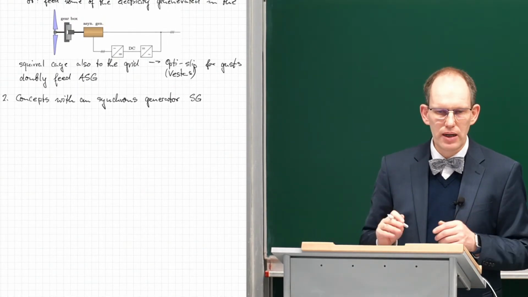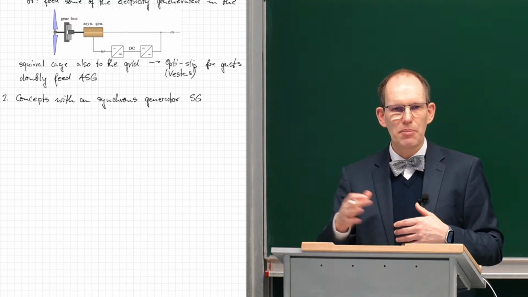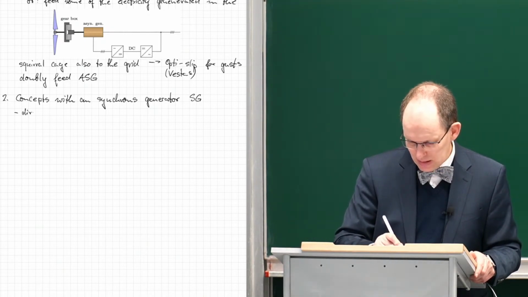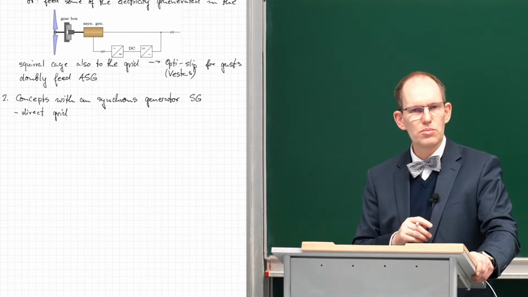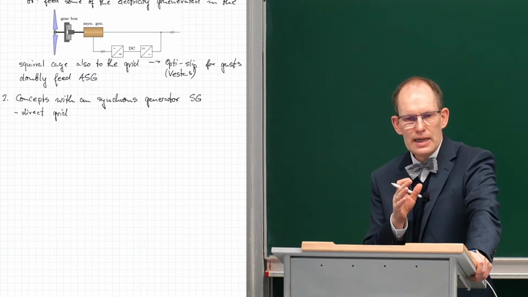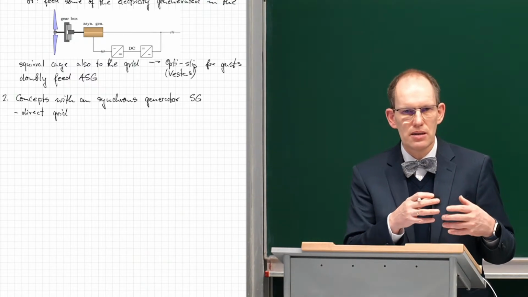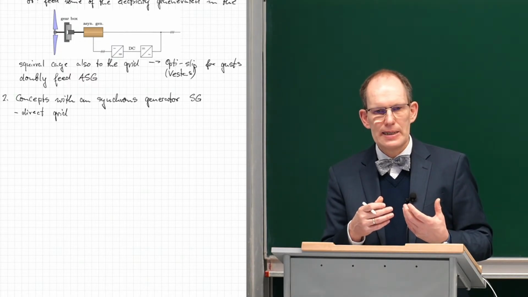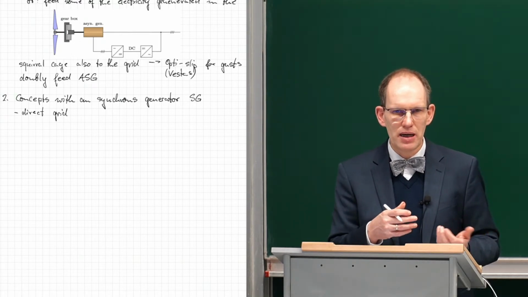Well, in principle you can start in the same way, just couple it directly. And well, this is very problematic, because the synchronous machine is really fixed to the wind speed. So this is a very rigid situation, and this is bad for the grid, and this is also bad for the windmill.